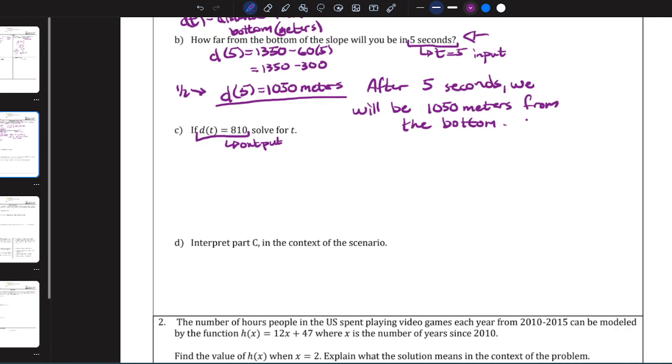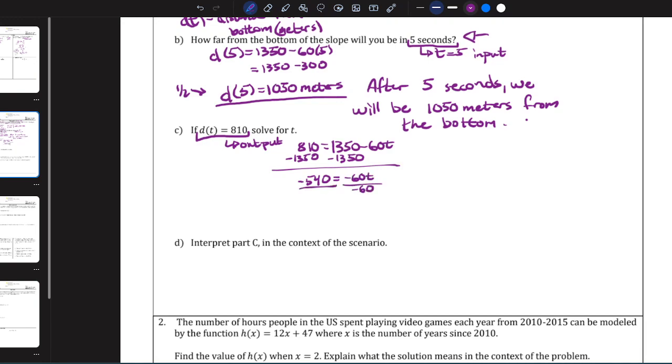That means that we're going to set this equal and then solve. And so I'm going to have 810 is equal to 1,350 minus 60 times t. Let's go ahead and subtract 1,350 from both sides. We learn that negative 540 is equal to negative 60t.